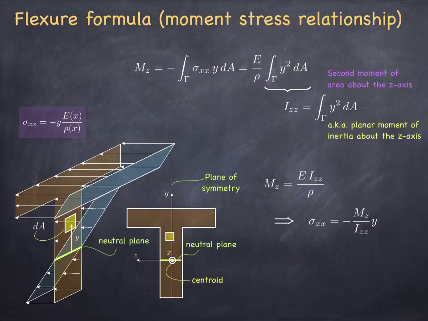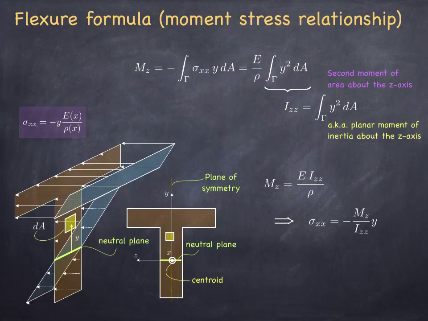So let's inspect this a little bit. When y is equal to 0, i.e. when we are at the neutral plane or the neutral axis, the axial stress is 0 because those fibers are neither stretching nor becoming shorter. And at the largest distances from the neutral plane that we can find for y, the topmost and the bottommost fibers, we're going to have the largest compressive and tensile stresses.